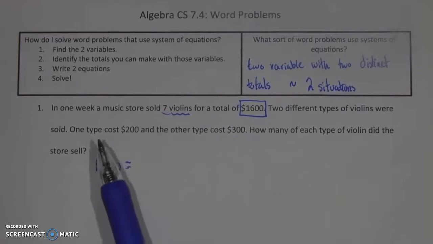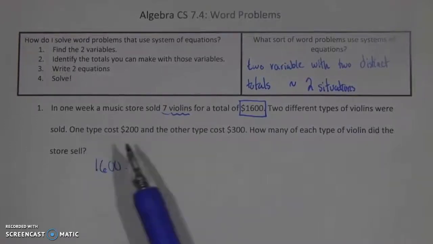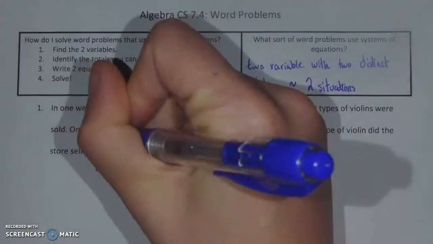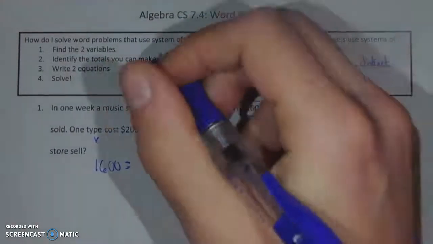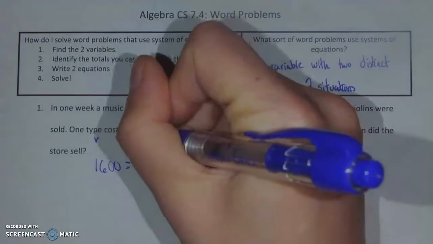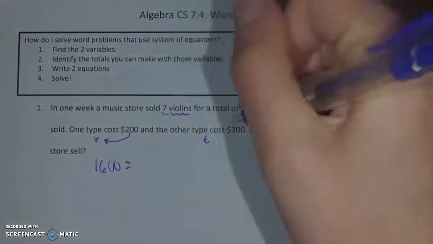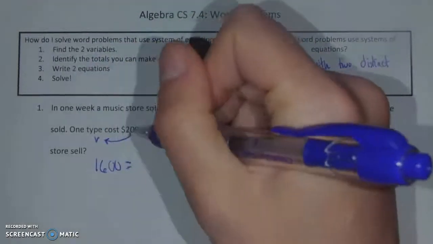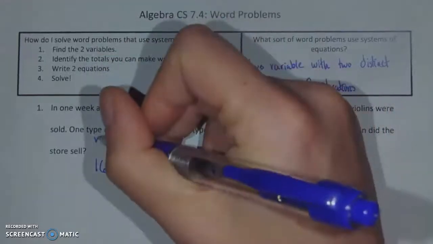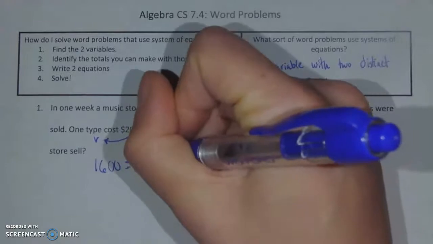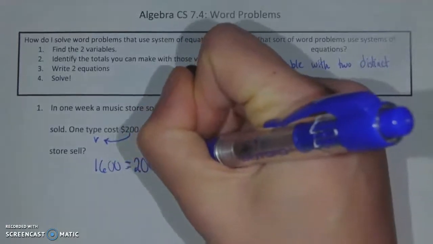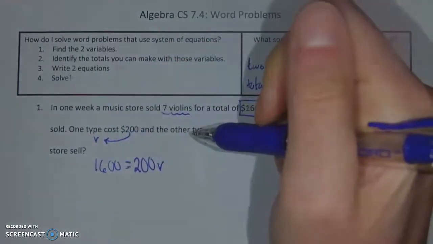Now, let's add some variables here. Let's call the first type V for violin and the second type T for type. With this one, I know that they spent $200 for every V that they sold. So that would be a slope, which is 200 times V, because we're talking about a rate of change here.